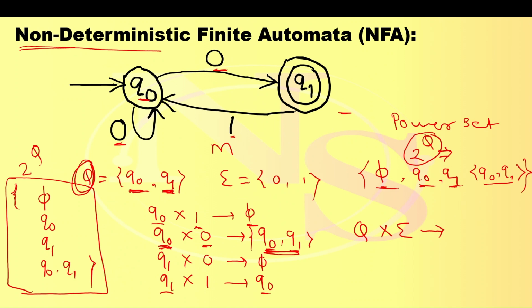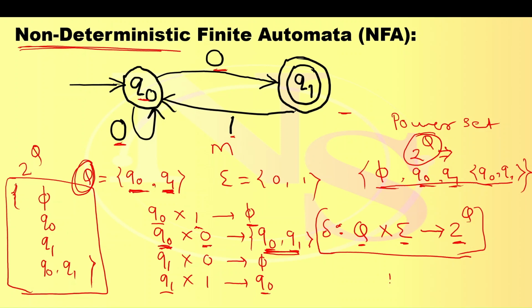It's a power set, 2 raised to Q. So I'm writing here 2 raised to Q. And this defines our delta for NFA. So the transition function for NFA is set of states reading input and can go to the power set of states, 2 raised to Q, that is defined here. And this is the formal definition of non-deterministic finite automata, NFA.